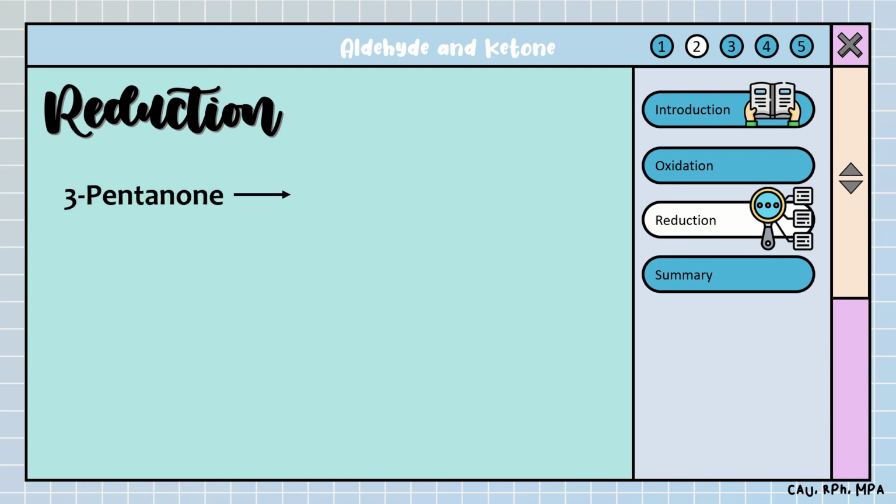Let's now have some exercise on a reduction. So we have here a 3-pentanone. Let's write first our 3-pentanone here. Pentanone consists of 5 carbons, and this is 3-pentanone, so the locant for the carbonyl group is on the 3rd carbon.